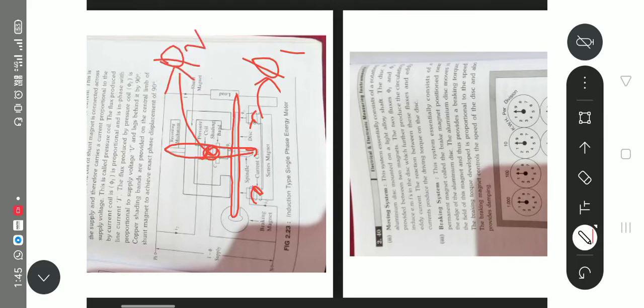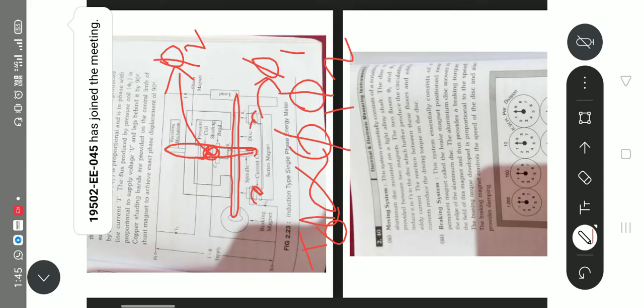From these fluxes the EMF will be generated, then torque will be produced. The torque is called the deflecting torque. Deflecting torque is proportional to phi 1 and phi 2.